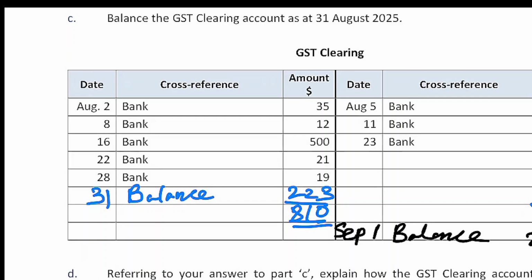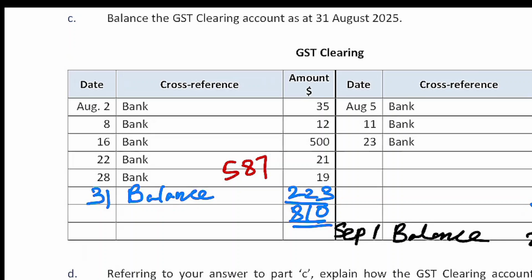You can write somewhere here. Then the debit total is how much? 587. Then you will write the totals somewhere like this. Then you get the difference. What is the difference? 223, which is also going to be the balance of the ledger account.